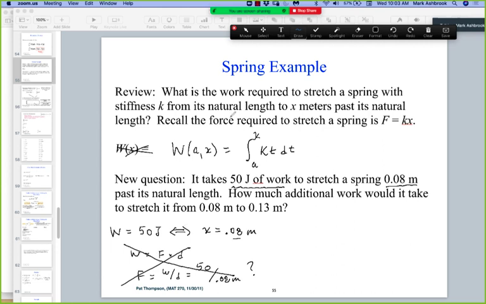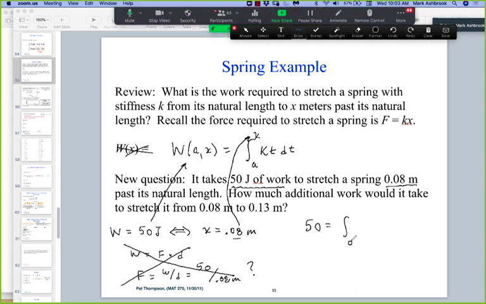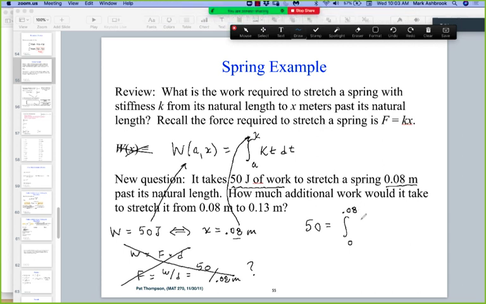So we know that work accumulation is modeled by this. So our 50 joules is an amount of work, and that's for some displacement. So really, this information tells us that 50 equals the integral from 0 to 0.08 of kt dt.